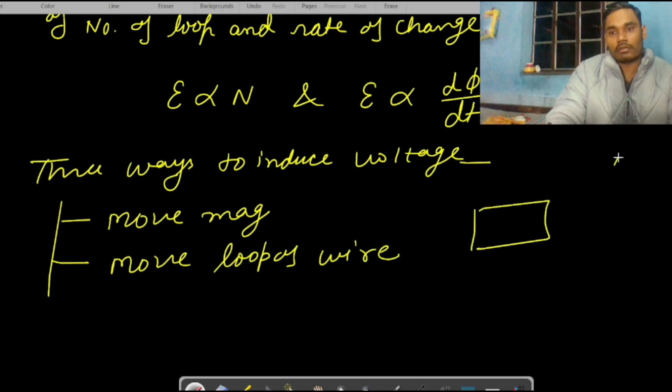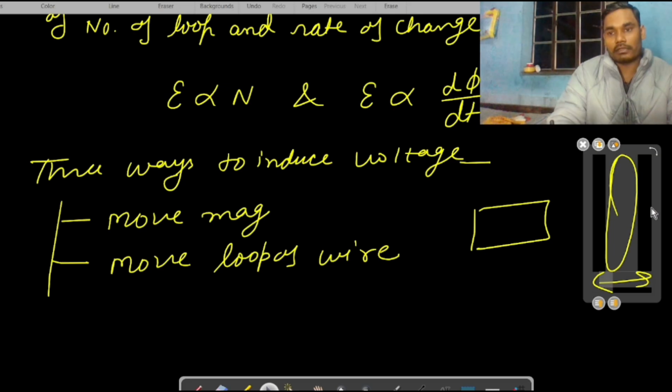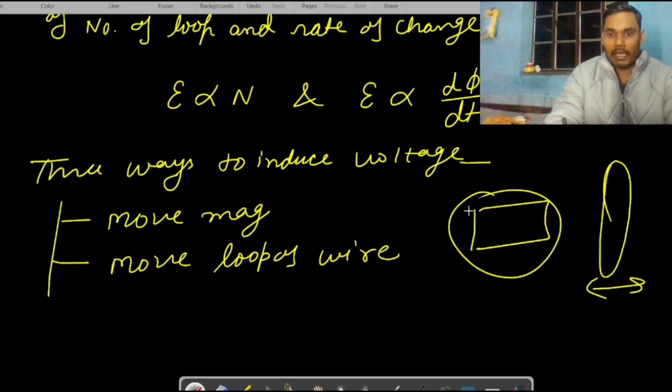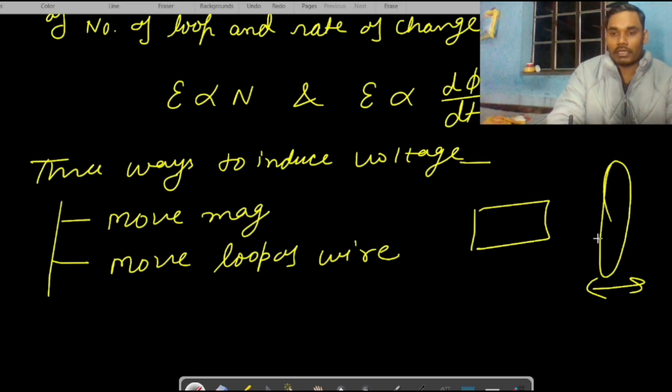When you move this loop of wire in this way, the magnetic flux will change as well. So we have to change only the magnetic flux, and if I change the magnetic flux, then voltage will be induced. Either you move this magnet or this coil or any other way.